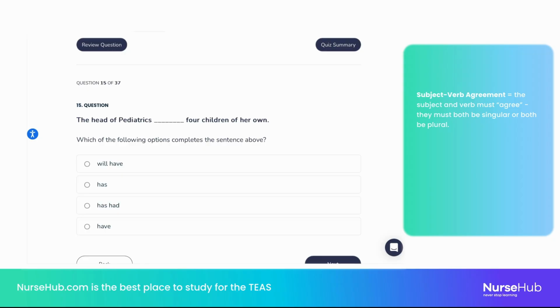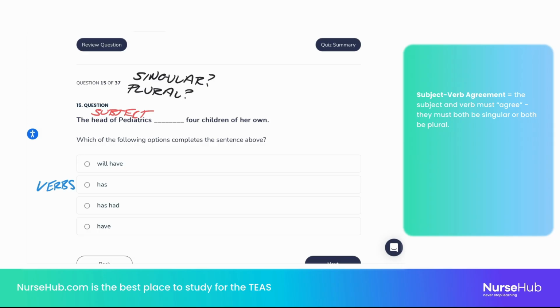Now, when we have subject-verb agreement, we are looking for the subject and the verb to match up in their type. Now, that means, is it a singular, which means is it one or more? Is it a plural, which means like a group?